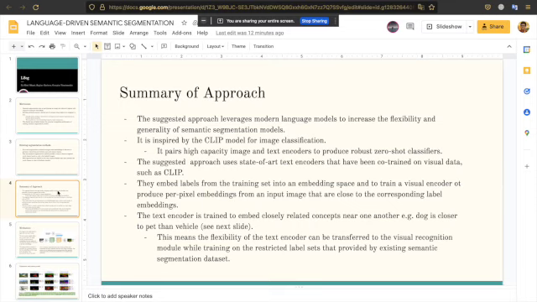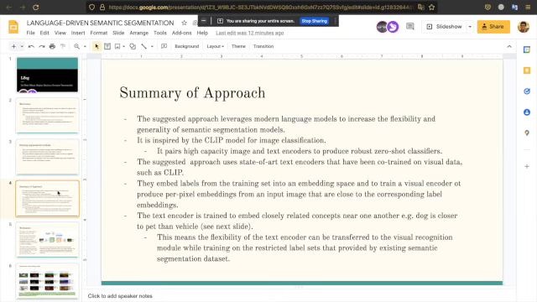The inspiration for this model, as you probably know, is the CLIP model for image classification. The summary of the approach is that it uses two separate models, one of which is a text encoder, and the other is an image encoder, or image embedder.